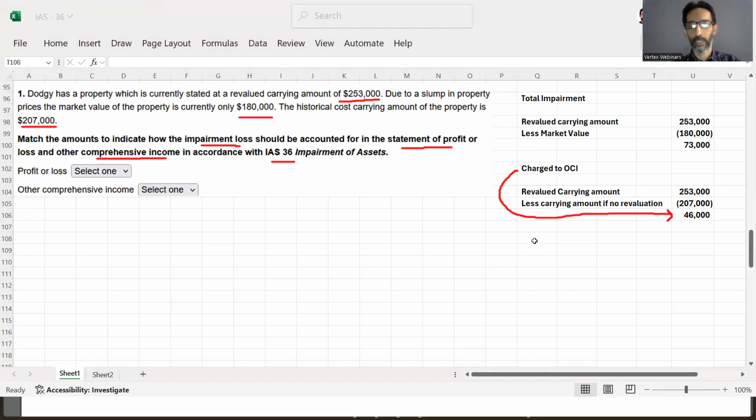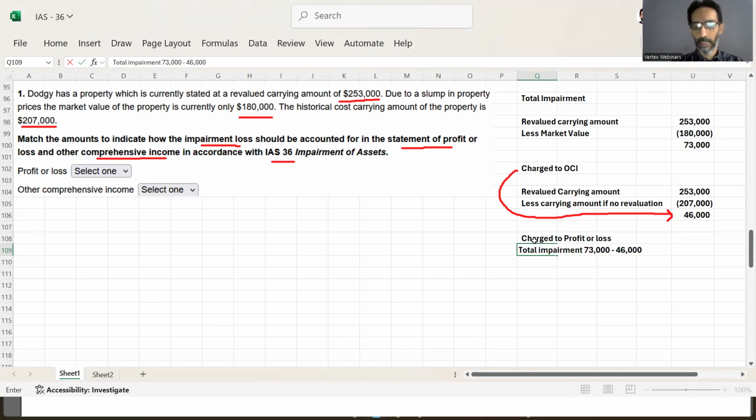Okay, so we could just see what would be charged to profit or loss would be the total impairment, which is 73,000, less the portion that has been charged to the OCI.